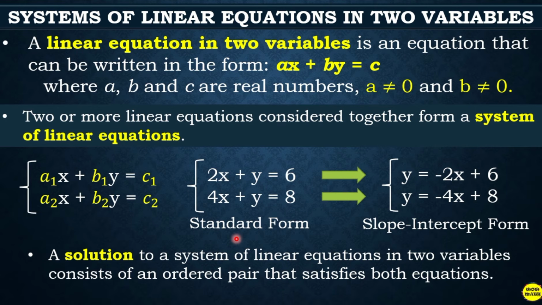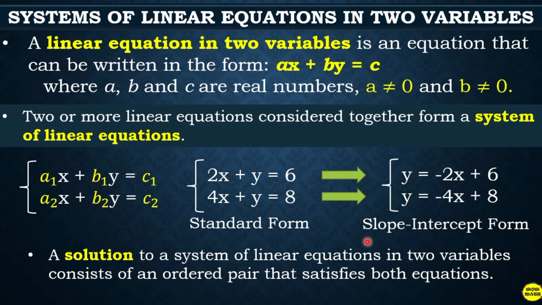Now, this time, since system na nga siya, we do not have only one equation. So, we need to consider all the equations. Dapat, yung makukuha mong solution o ordered pair ay magsasatisfy doon sa dalawang equation.